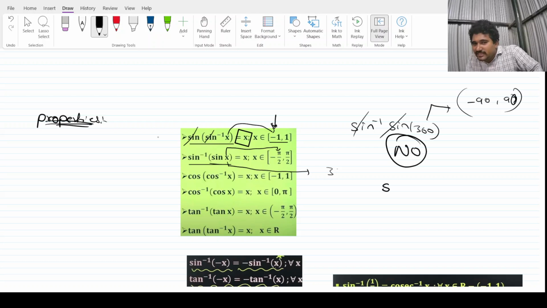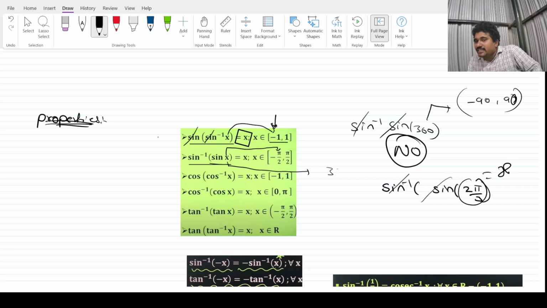Can I cancel this? Sine inverse of sine 2 pi by 3. 2 pi by 3 is how much? 120. Can I cancel that? No, you cannot cancel. Are you clear with that? When can you cancel both of these and write equal to x?